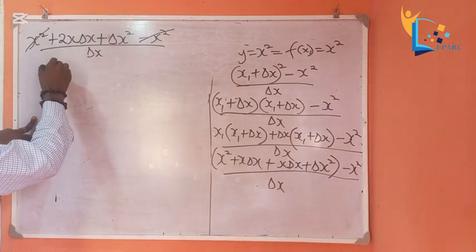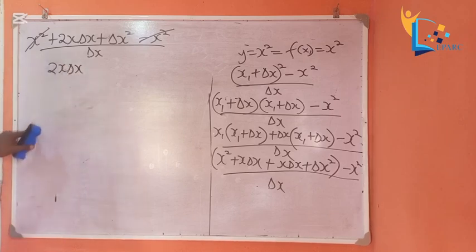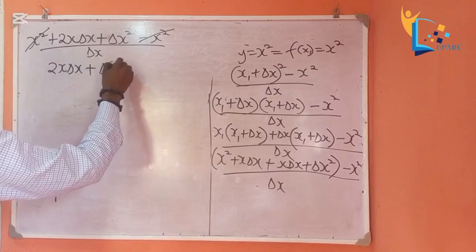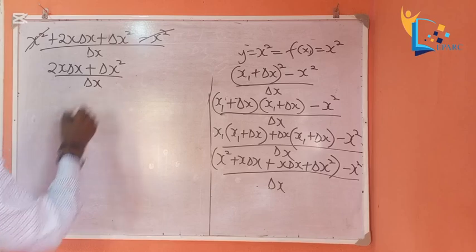So we're left with 2x delta x, plus delta x squared all over delta x.